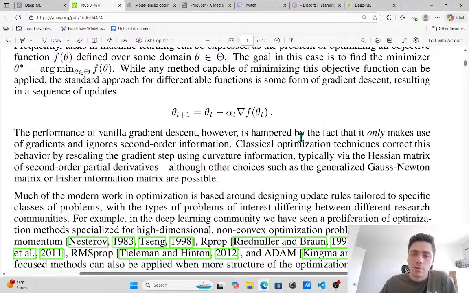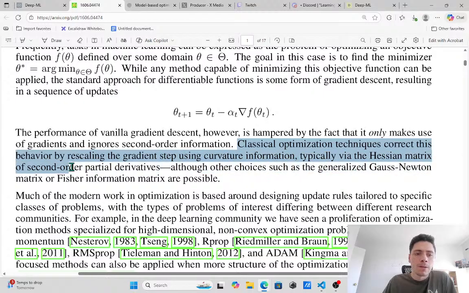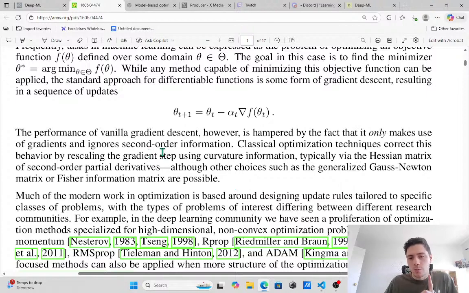However, the issue with gradient descent is it only uses first order derivatives. It doesn't use second order derivatives, which give the curvature at the current point. I know there's a reason we don't use the Hessian matrix or second order derivatives. I don't remember it, to be honest, but I remember it was a good reason.